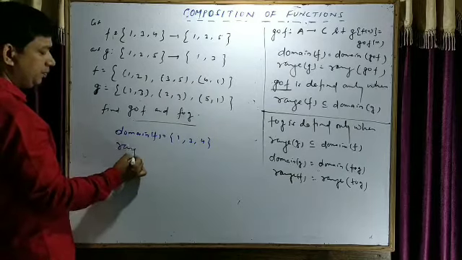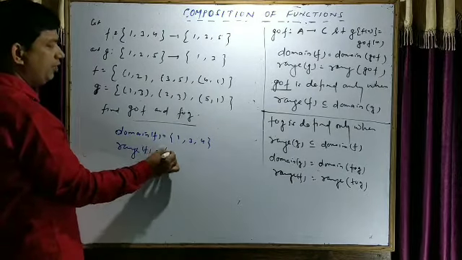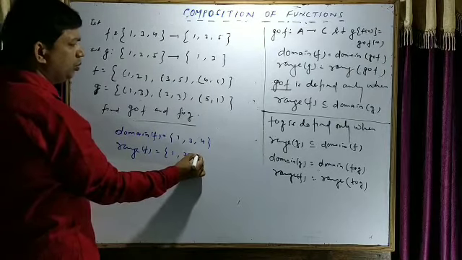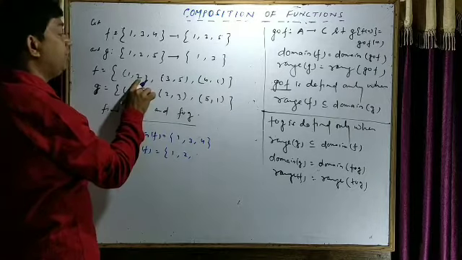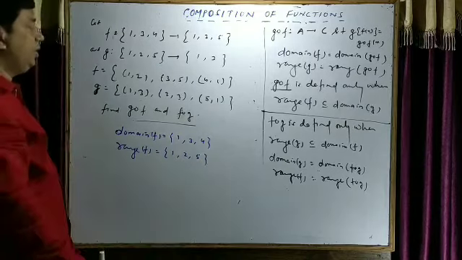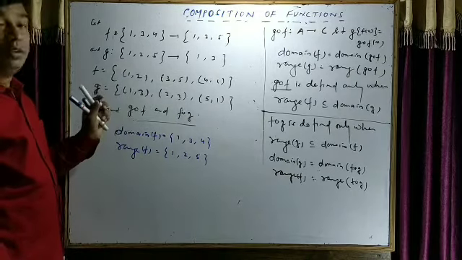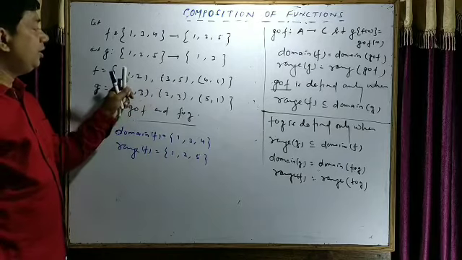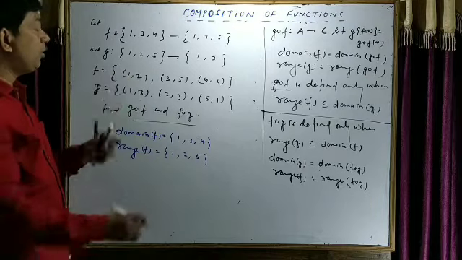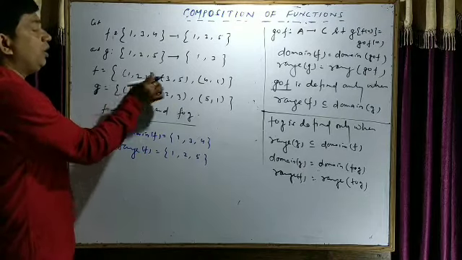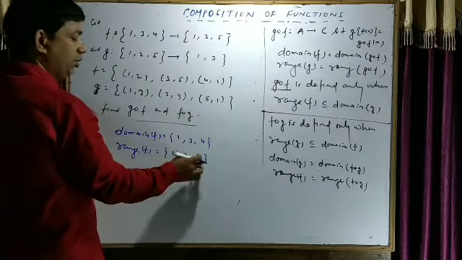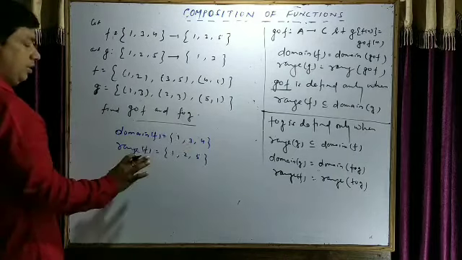The range is the collection of second coordinates, which is {2, 5, 1}. Range means the collection of second coordinates, and domain means the collection of first coordinates.